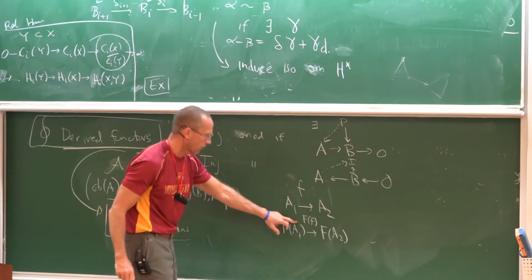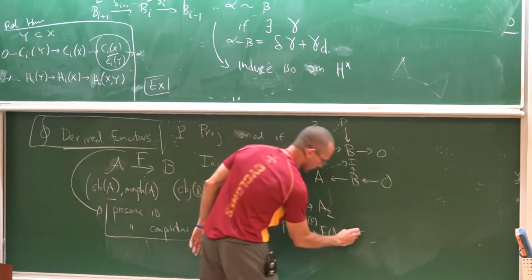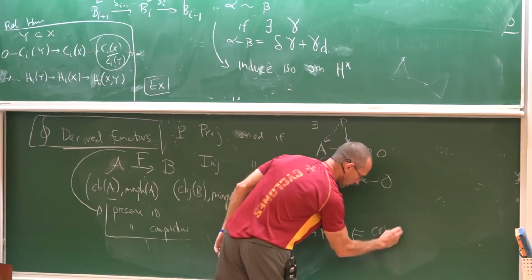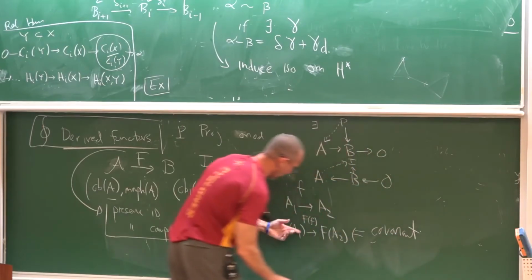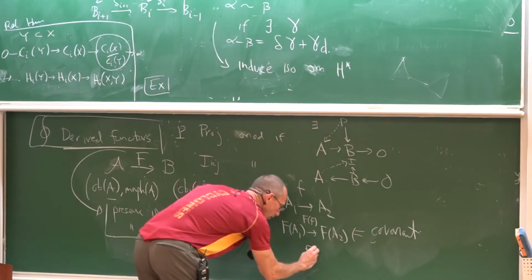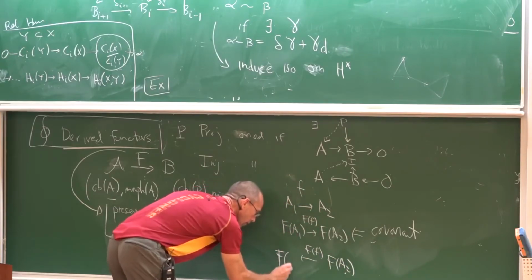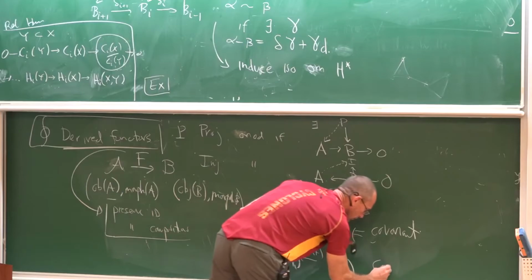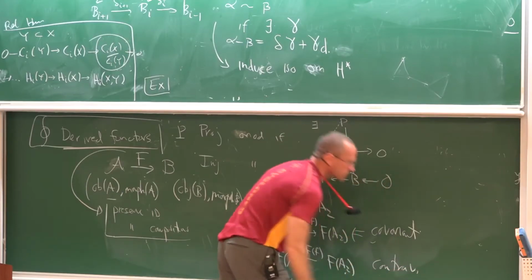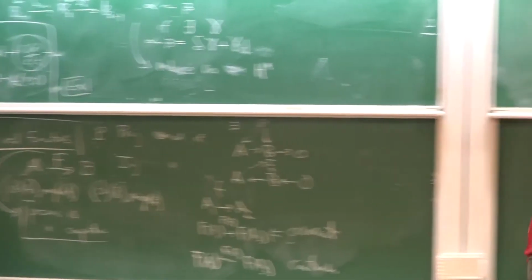This is called a covariant functor. All the directions are preserved. And if the arrow gets reversed, this is contravariant. So let's see some examples of covariant and contravariant functors.